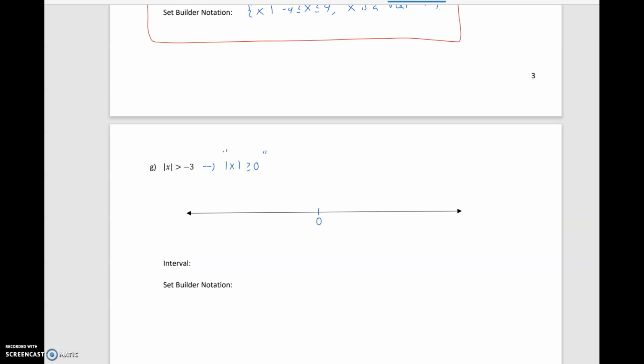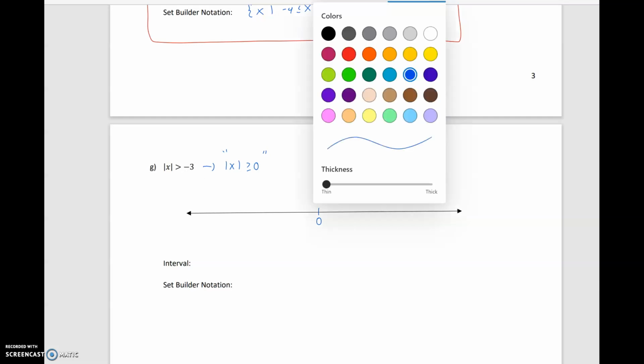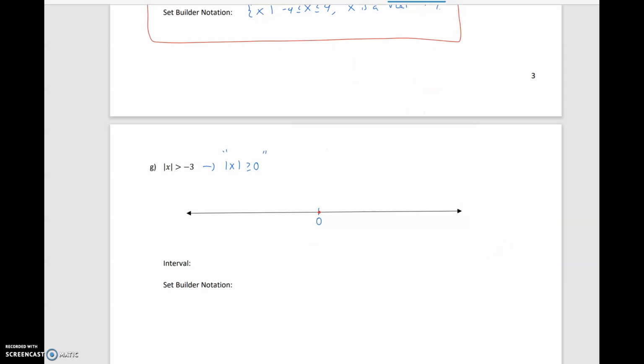That's the actual inequality if we were to simplify it. And that's because any distance, the minimum that it can be is 0. So all distances are going to be greater than or equal to a negative value, which means greater than or equal to 0. So in this case, we would typically put a dot on 0.